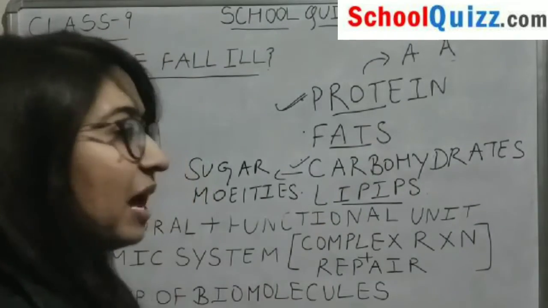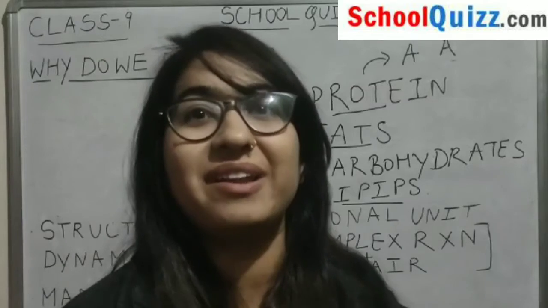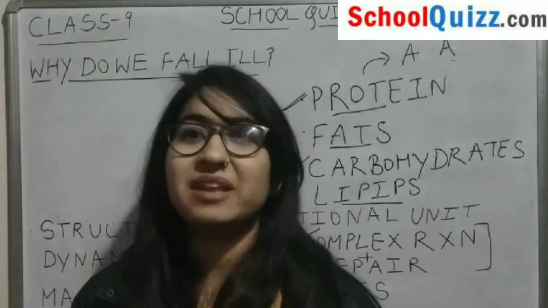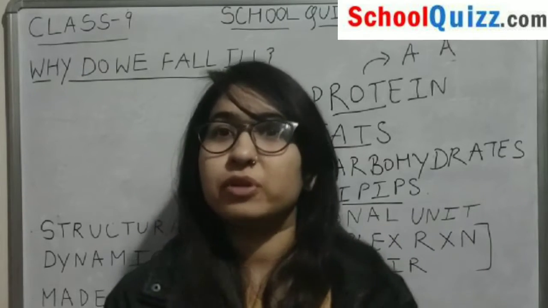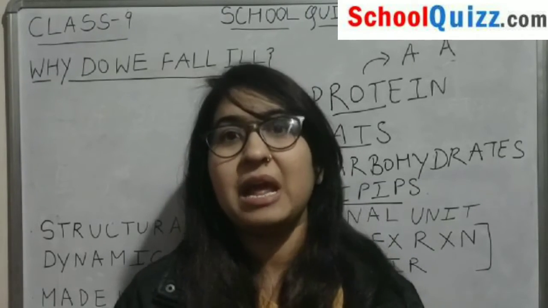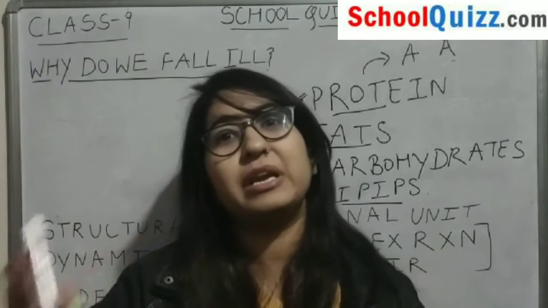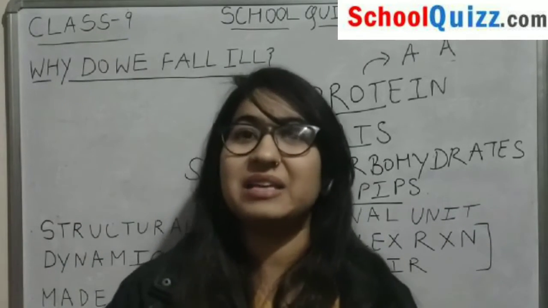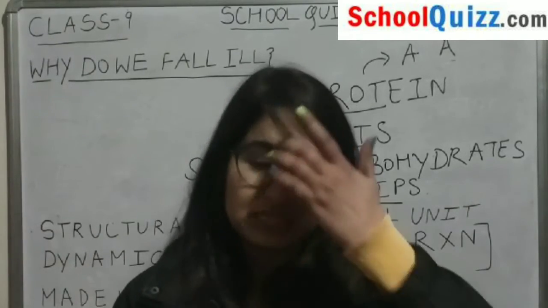In the cell there are always complex reactions going on in our body. These can be replication for the formation of copies of DNA, then transcription, in which DNA is converted into RNA, and then RNA is converted into proteins by the process of translation.